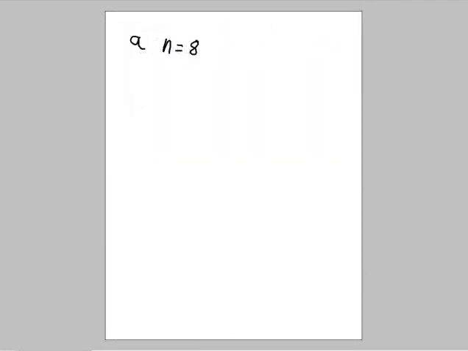So in Part A, both sample sizes are 8, so n equals 8 in both cases. And so if we take a look here, we're going to find the variance for sample 1.